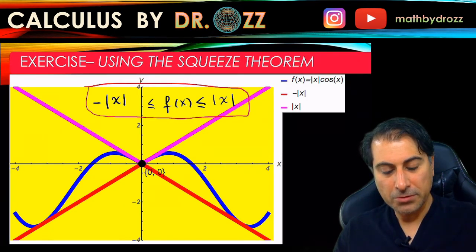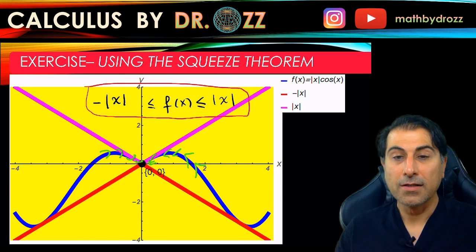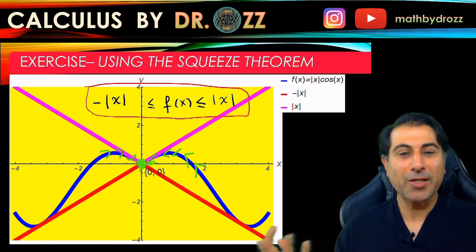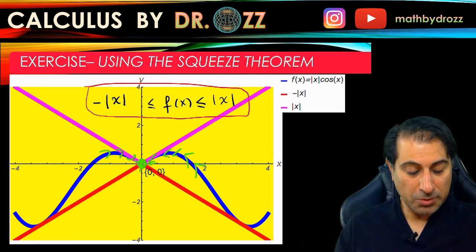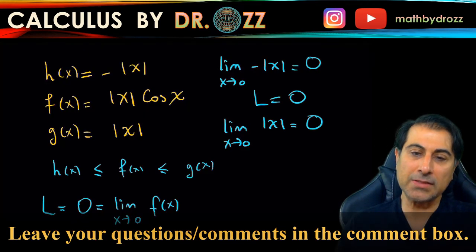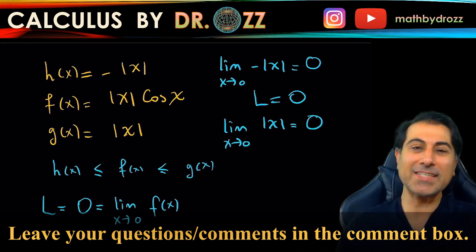When you get closer to x, the corresponding function values all approach 0 from the left and from the right. So 0 is the limit point. You can observe that visually, but this was the application of the squeeze theorem. We were supposed to come up with two inequalities here, and that's what we did. And the squeeze theorem took us all the way to the conclusion that the squeezed function f has the limit 0 as x approaches 0.